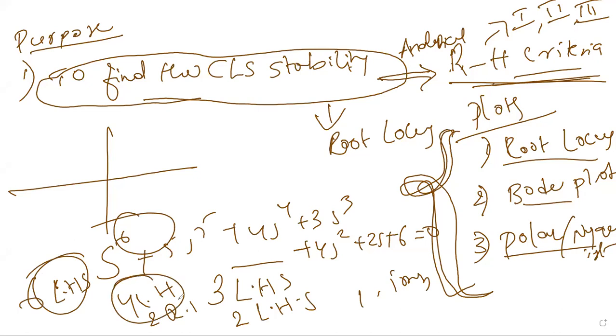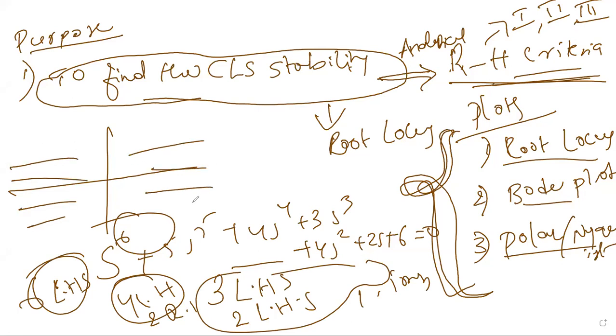Like this we are commenting. But we are just commenting that they are located on the left hand side, right hand side, or imaginary axis, but we don't know the exact location of these poles.